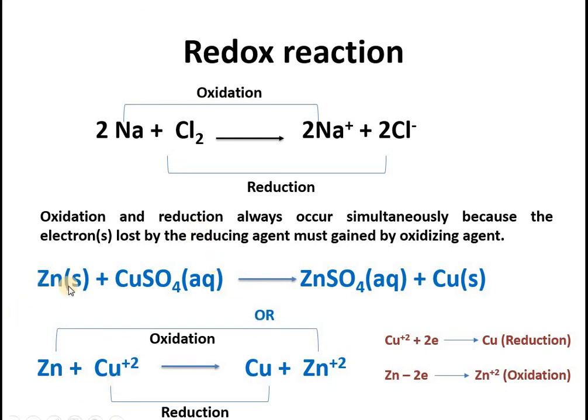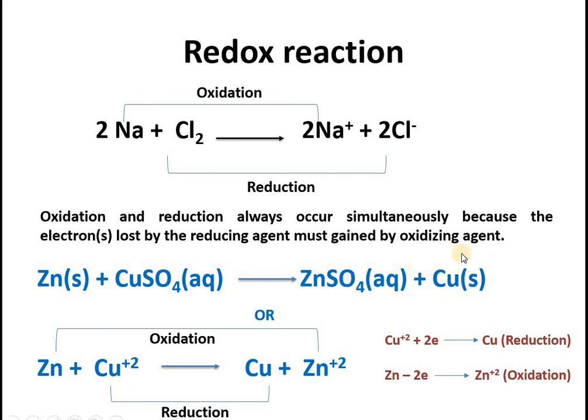Another equation you can take, zinc plus copper sulfate. Now here you see zinc is not attached with any other element, so its combining capacity or valency is 0. In copper sulfate, copper is plus 2 because sulfate is minus 2. So you get zinc sulfate. Here zinc valency is plus 2 because it is attached with sulfate, which has the valency of minus 2.